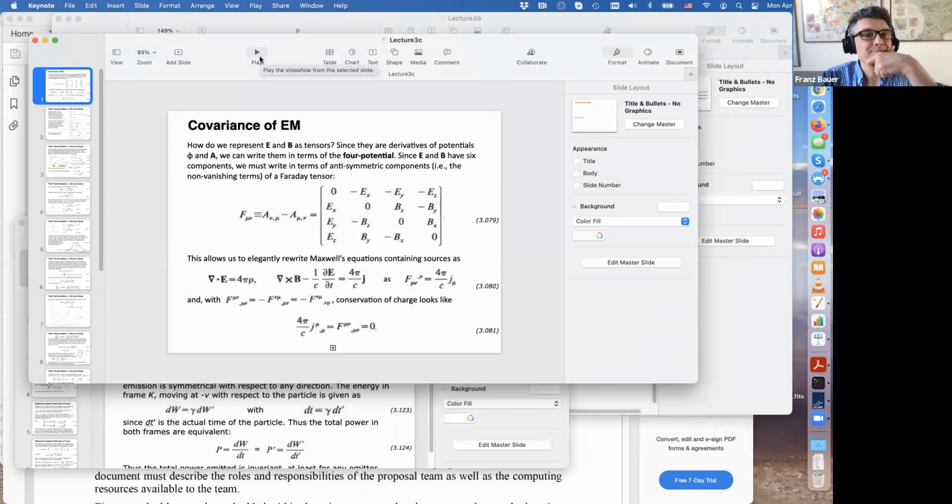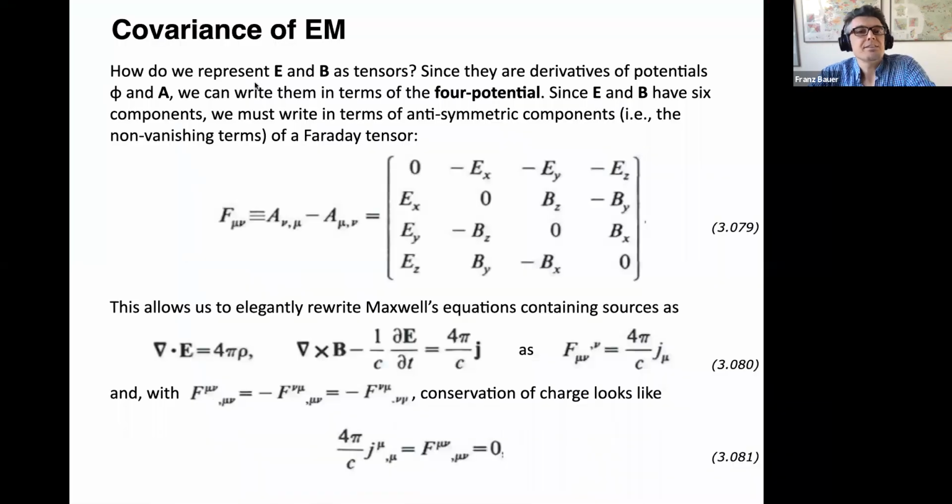Vamos sobre como ionization losses. And now I'm going to return to something a little bit more out of the book. To frame everything, to come back to lecture 3A, we were talking about tensors and the four potential.